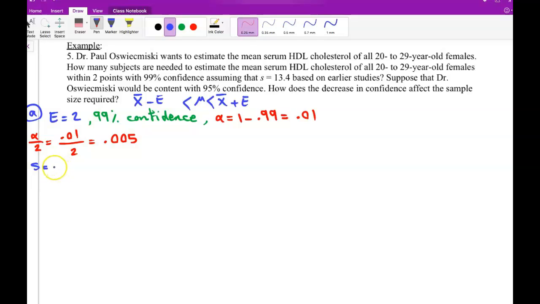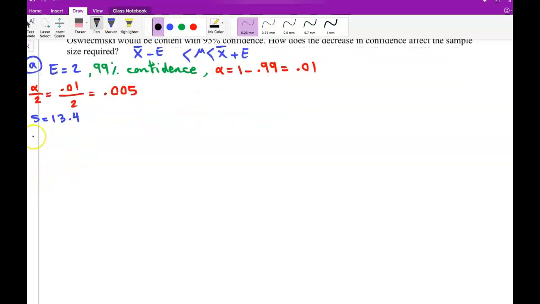And s is 13.4. Now finding z. So alpha divided by 2 is 0.005.